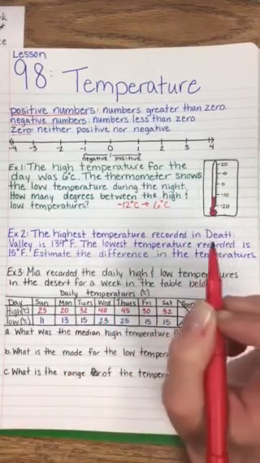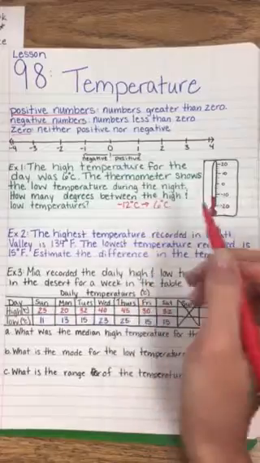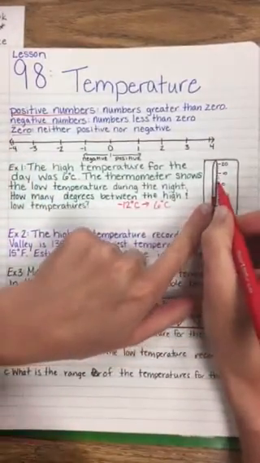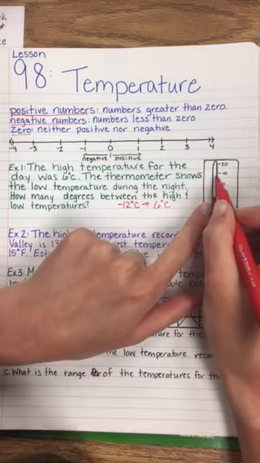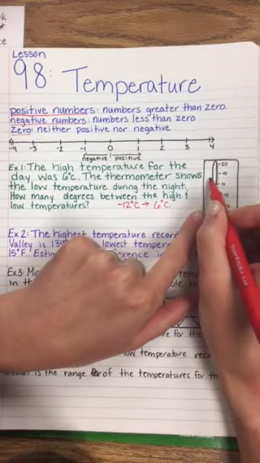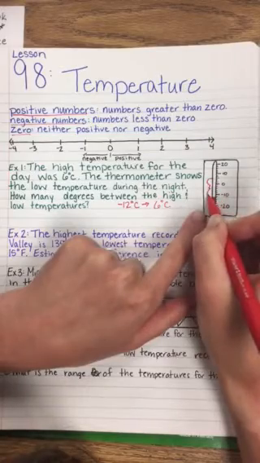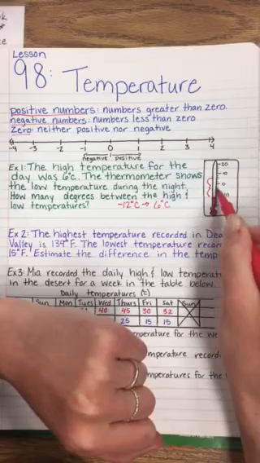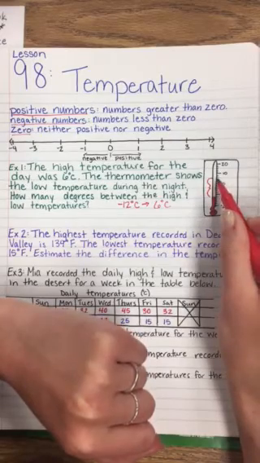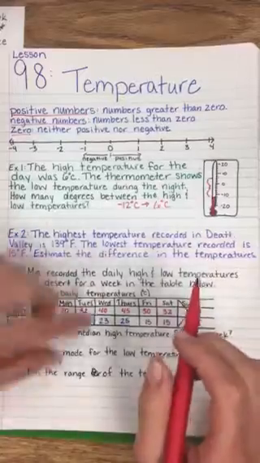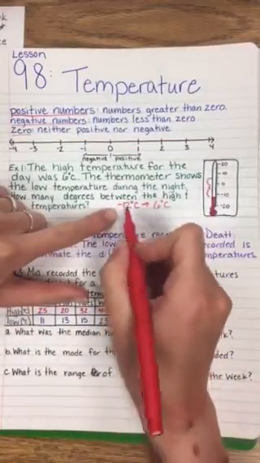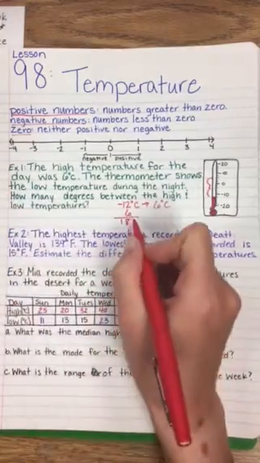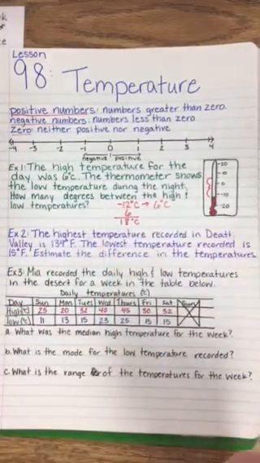So they're asking how much is between 12 and 6. 6 would be 2, 4, 6, right on this line. And you could count the tick marks: 2, 4, 6, 8, 10, 12, 14, 16, 18. Or because this is negative and this is positive, since you're adding them together, you could add, and 18 degrees Celsius is in between those.